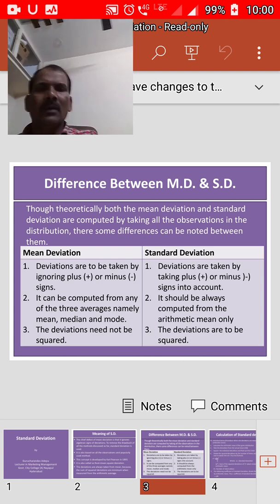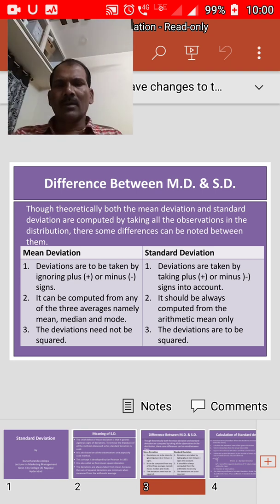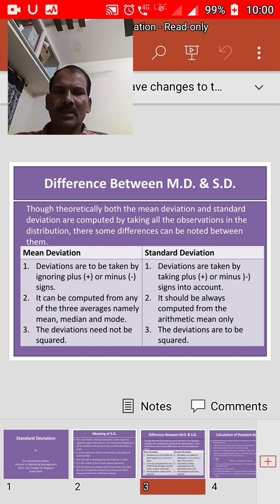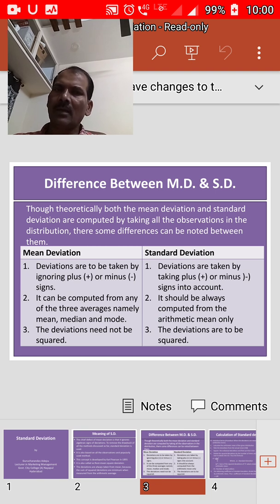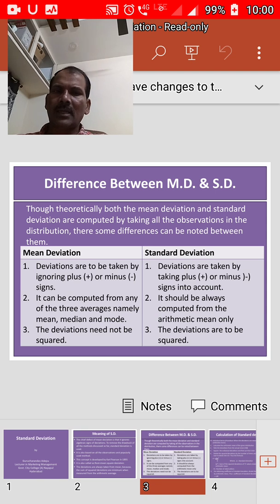If you see the PPT, you will come to know. Mean deviations are taken by ignoring the plus or minus algebraic signs, whereas standard deviations are computed by taking plus or minus signs into account.